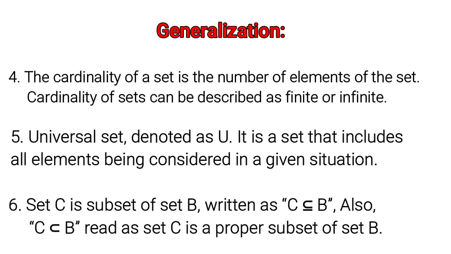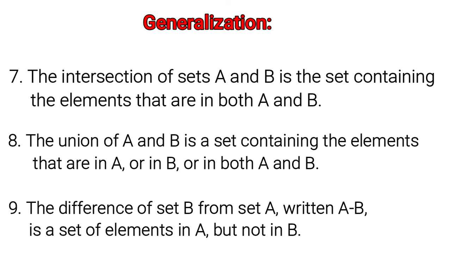Number 6, set C is a subset of set B, written as C ⊆ B; also C ⊂ B, read as set C is a proper subset of set B. Number 7, the intersection of sets A and B is a set containing the elements that are in both A and B. Number 8, the union of A and B is a set containing the elements that are in A, or in B, or in both A and B. Number 9, the difference of set B from set A, written A minus B, is a set of elements in A but not in B.